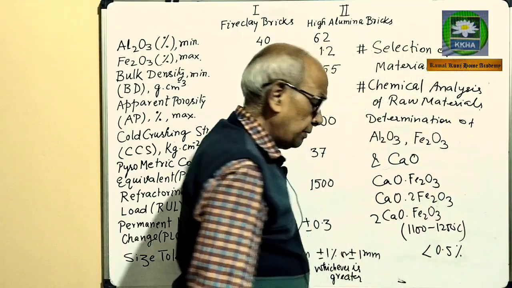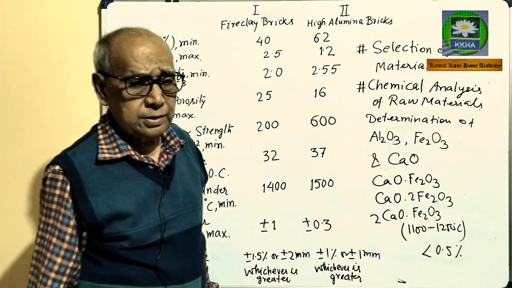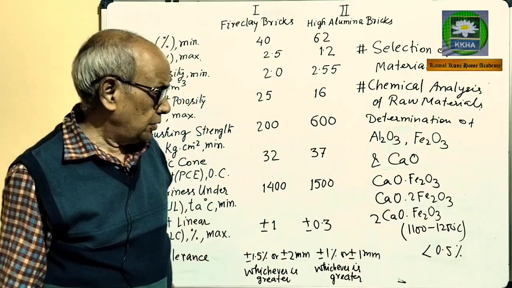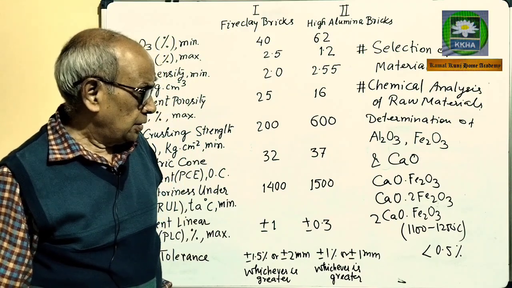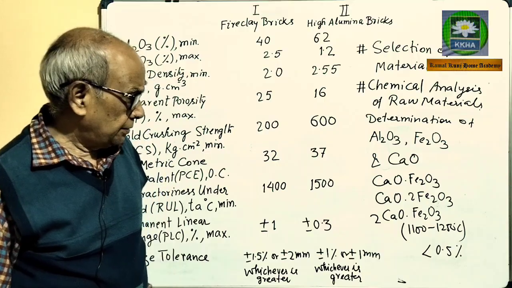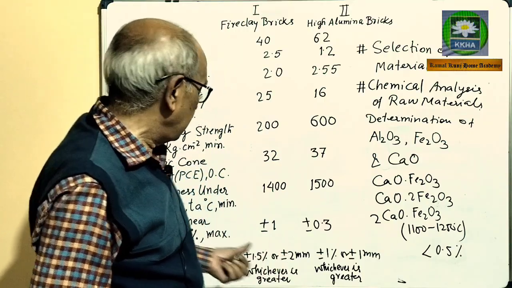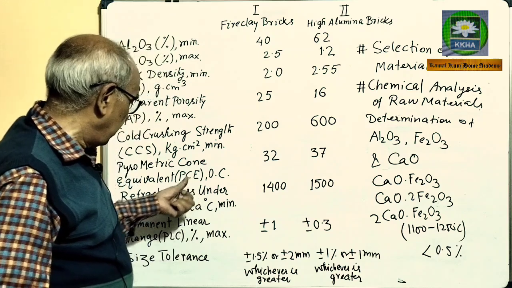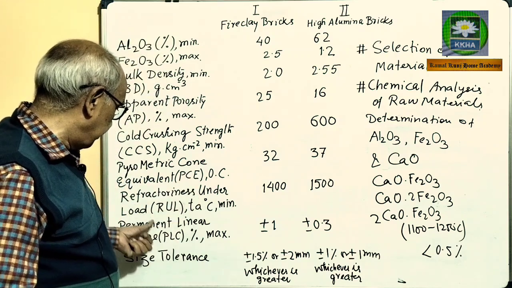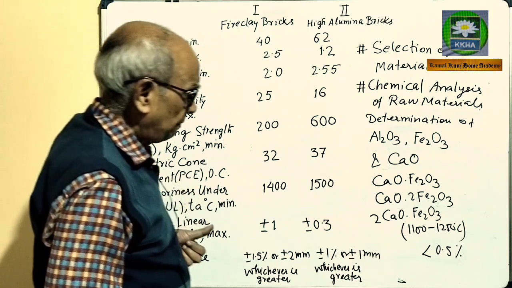The raw material lime content should be as minimum as possible. It should be reduced below 0.5%. 0.2 to 0.3% is sufficient. It should not be more than that, because it will affect mainly the PCE value and refractoriness under load.